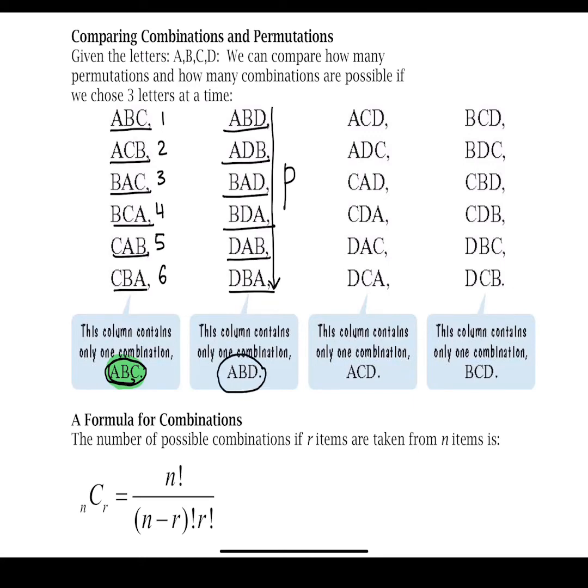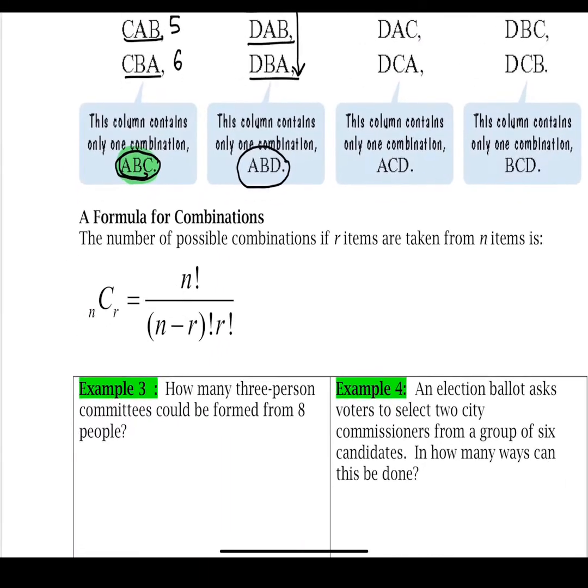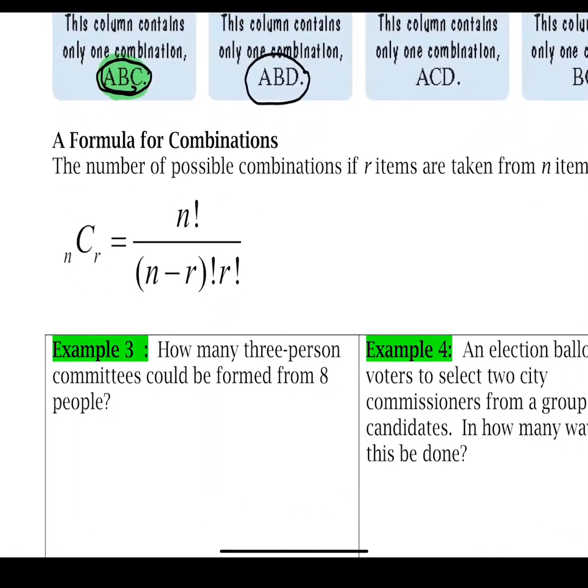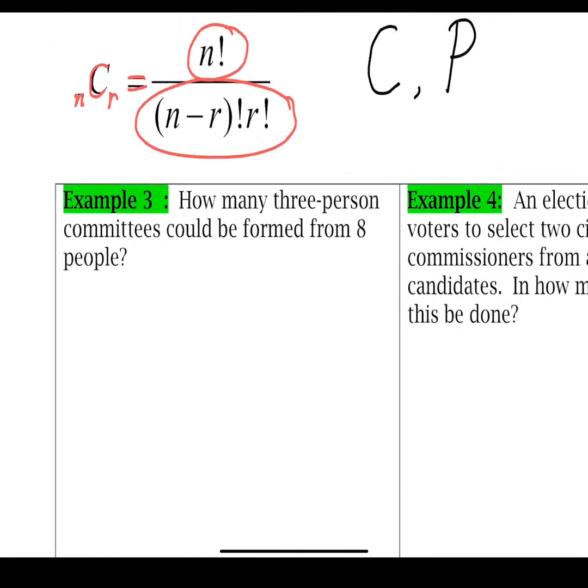To calculate combinations, you represent combinations with a C and permutations with a P. When you write nCr, it is simply n factorial divided by n minus r factorial times r factorial. That's the formula for combinations. This will make more sense when we plug it into the formula.